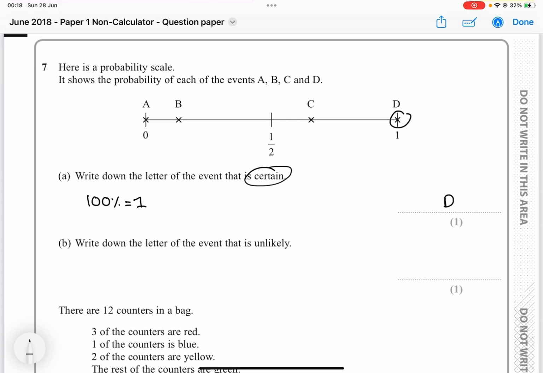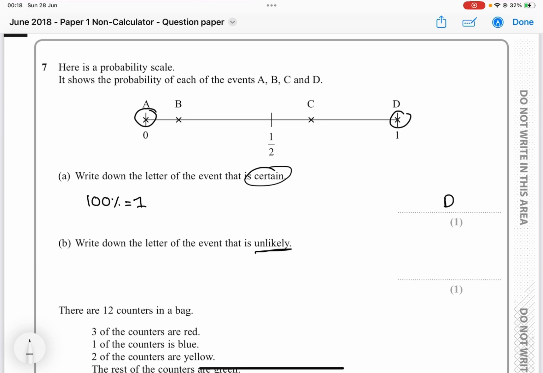Part B says write down the letter of the event that is unlikely. Now, a lot of students here might get thrown off and think that it is A, but it is not A, because the wording of the question is such that it's designed to basically throw you off. But the keyword is unlikely. It doesn't say that write down the letter of the event that will not happen.